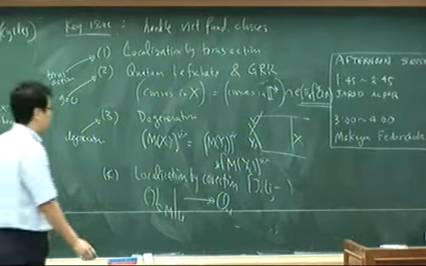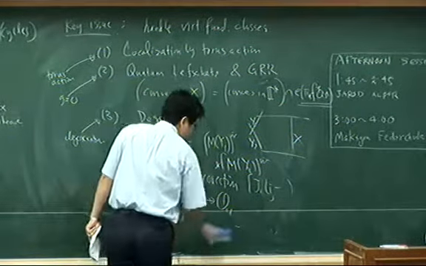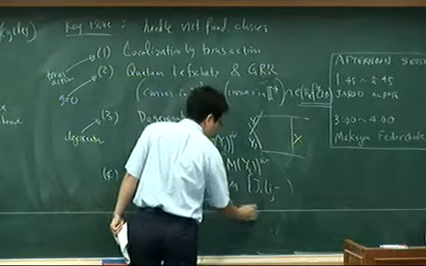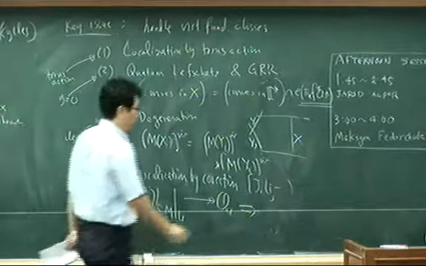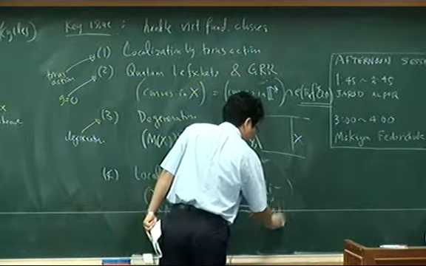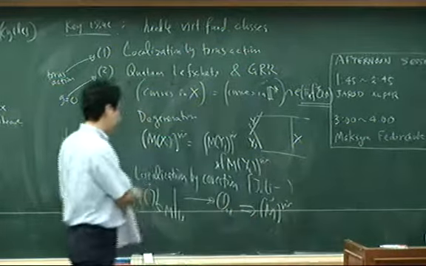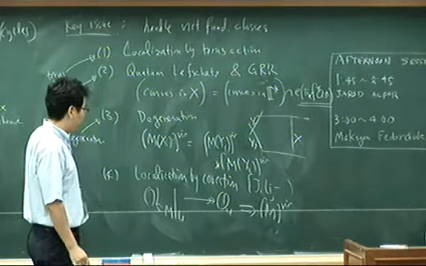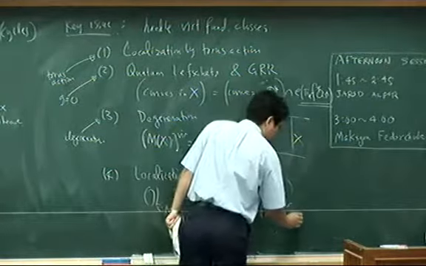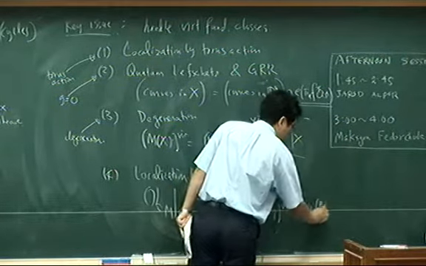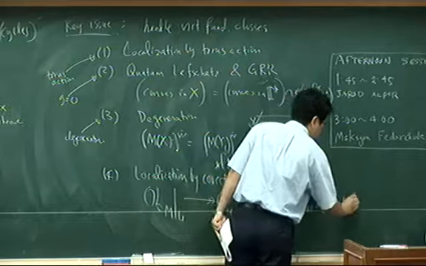Then this technique tells me that the virtual fundamental class localizes to the complement of U. Somehow this is very efficient for some X. So this has support in the complement of U.